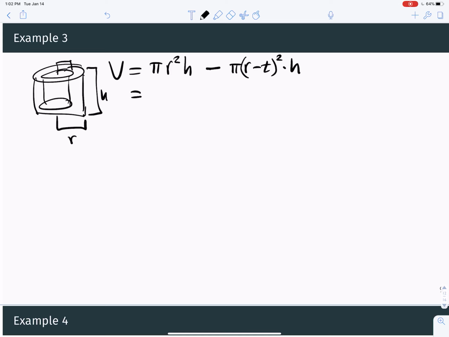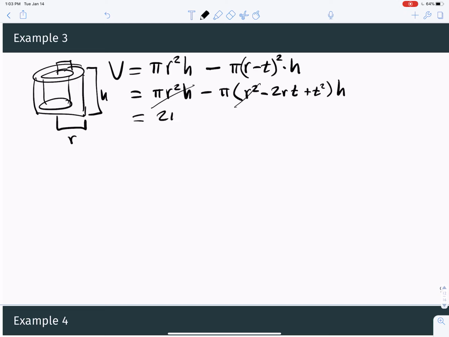And what I'm going to do is simplify this down so that we have a nice, easy to work with formula. So I'll just expand r minus t squared. And when I do that, you'll notice that certain things cancel. So this pi r squared h here is going to cancel with the other pi r squared h, and that's going to leave me with negative pi times 2rt.